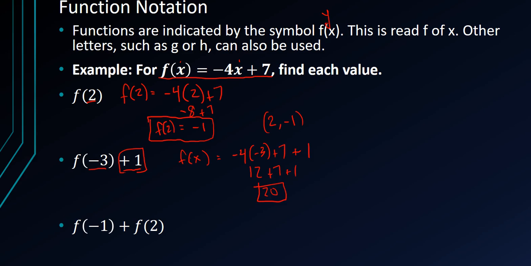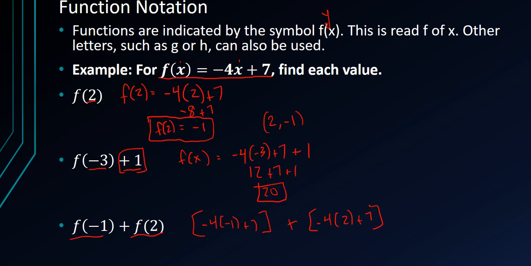And the next one says f(-1) + f(2). So that means I'm doing 2 things. I'm putting -1 into the function, and then I'm also putting 2 into the function, and I'm going to add those 2 parts together.